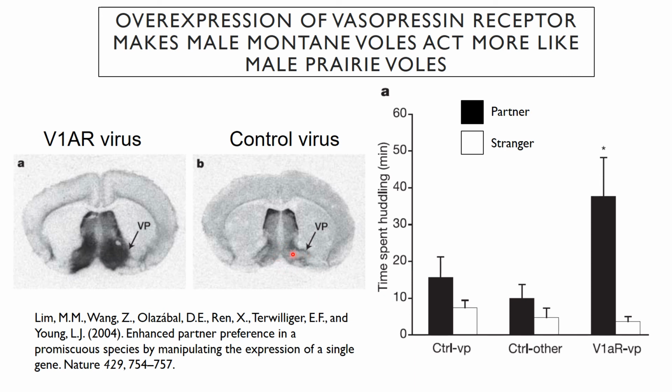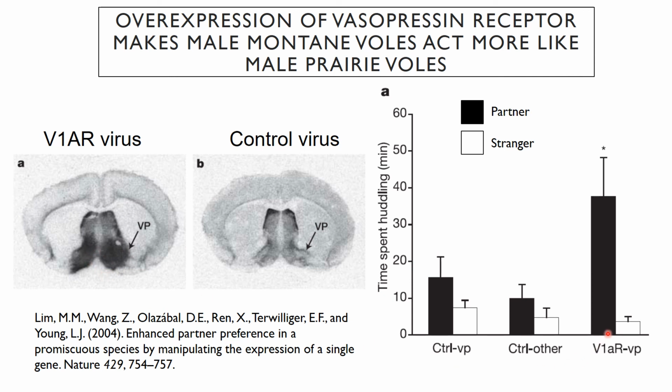So you've got to do the surgery and inject them with a virus. You want to make sure it's not just because you injected a virus into the brain of the vole. But there's no increase in V1a receptor here. So doing the same in situ hybridization, you don't see a difference. Instead, it's just the virus that is expressing the V1a receptor. So you're turning the brains of these male montane voles to make them look like prairie voles by making them express more receptor.